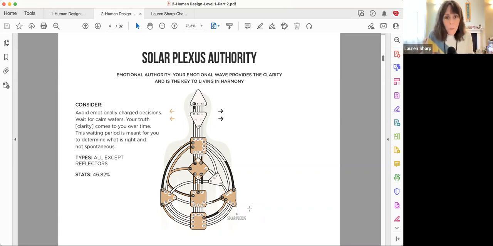I'm just going to write this email. I'm just going to give this person a piece of my mind. I'm just going to say this because it's sitting on me and I need to just say it. That's not the place that you need to operate from. You've got to wait for the calm waters when you approach it. You've got to wait for those calm waters, because in those calm waters are where your truth and your clarity come. It's that waiting period for you to determine what's right for you.